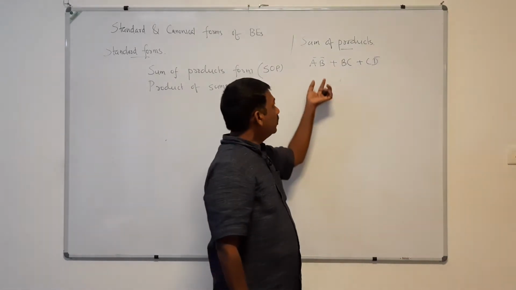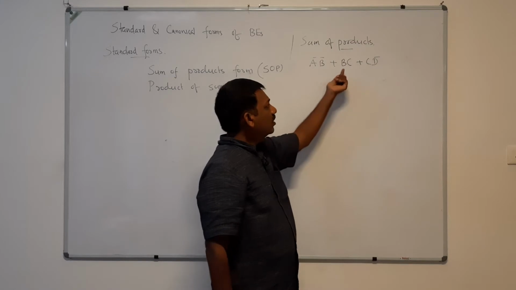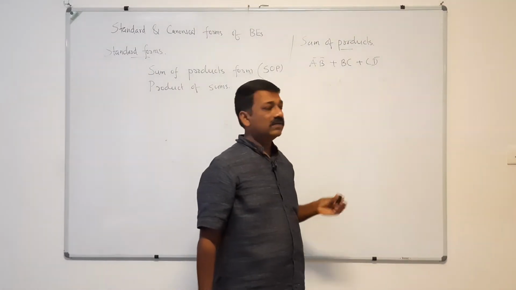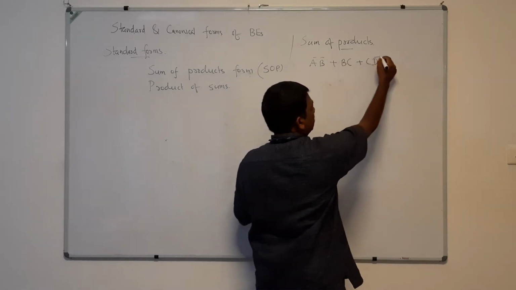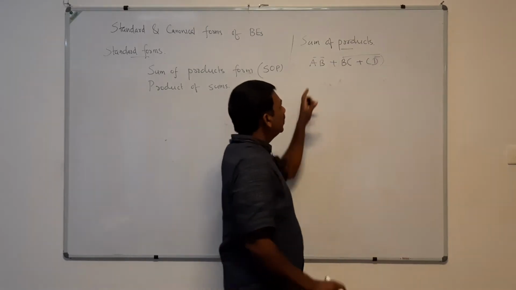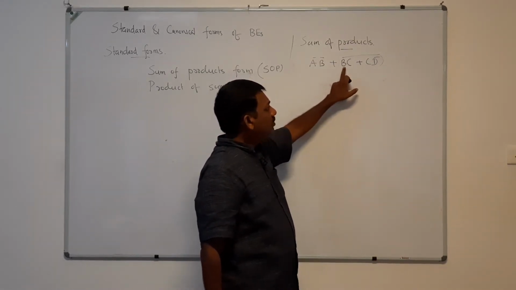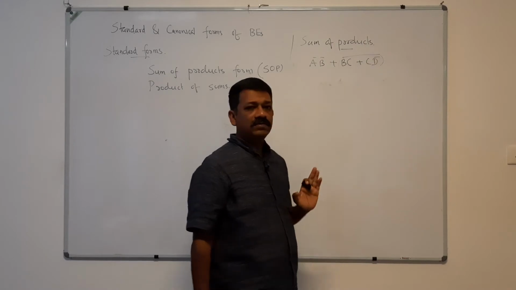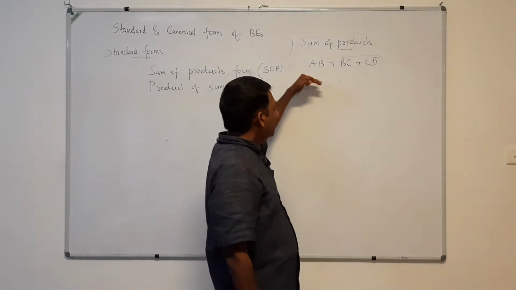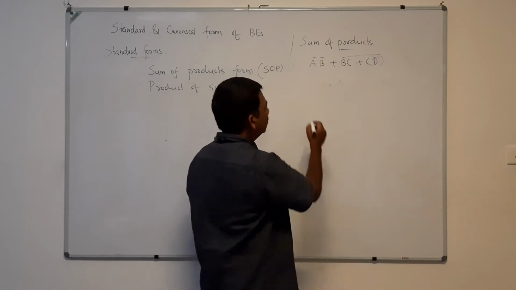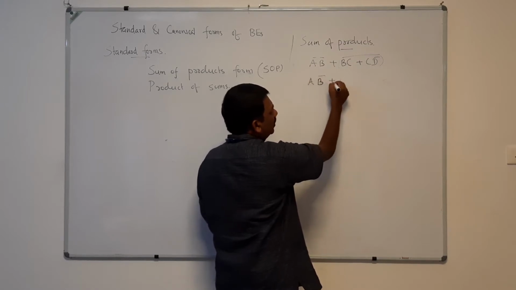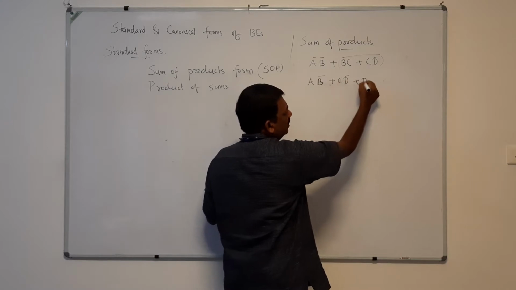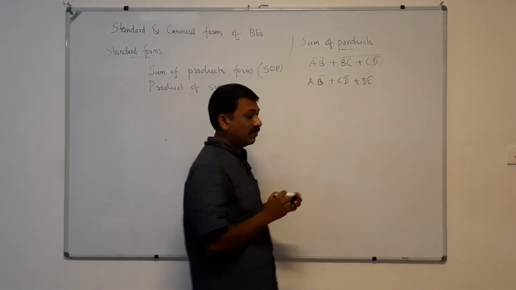But you cannot have AB the whole bar or BC the whole bar, or BC plus CD bar the whole bar. That is sum of products form, such as AB bar plus CD bar plus DE.